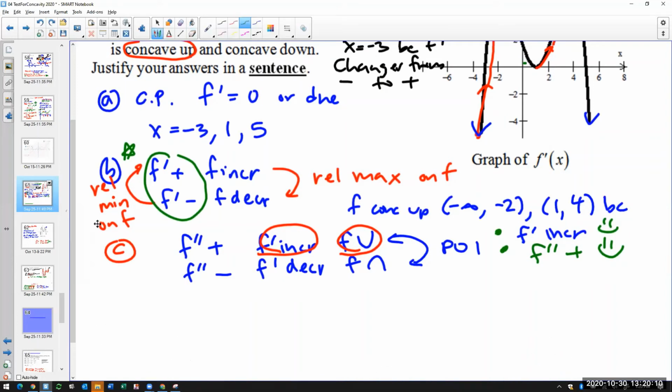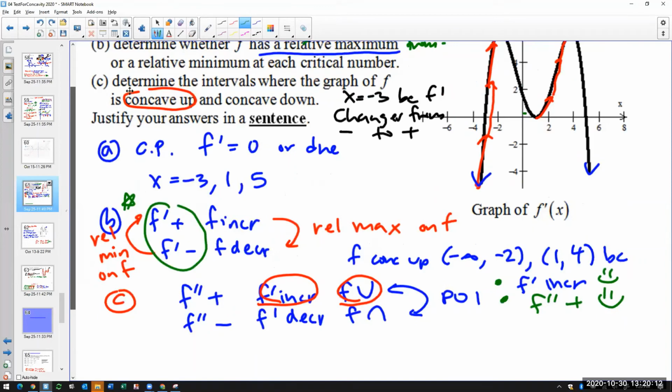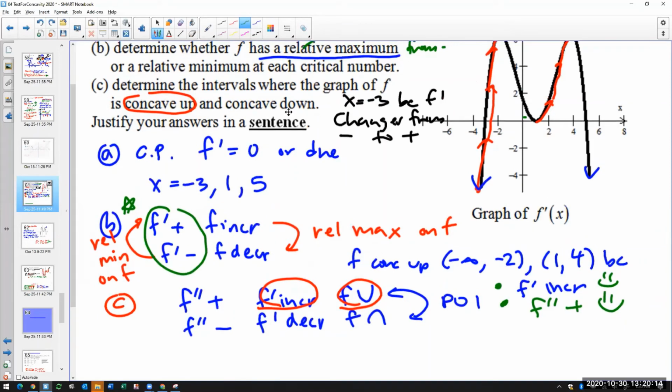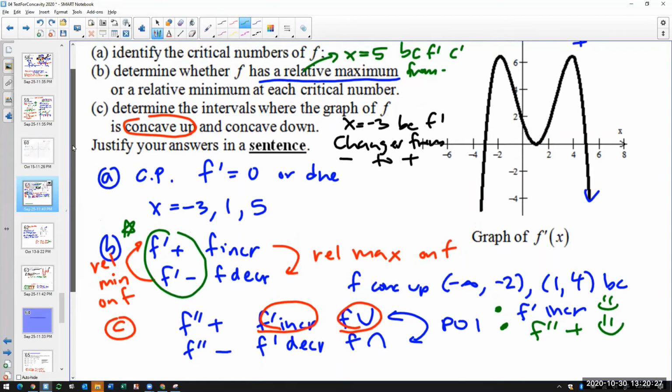All right, now you tell me. The next question is, where is f concave down? Remember, f is in another room, I can't see it, but I only see f prime. So how do I know where f is concave down? Go ahead, write your intervals. Where is f concave down?